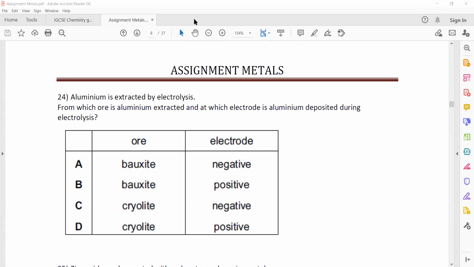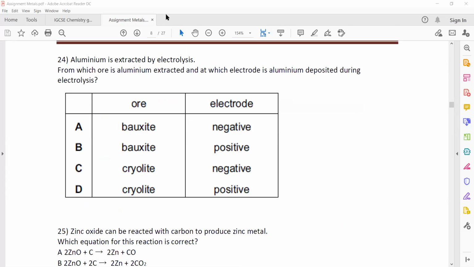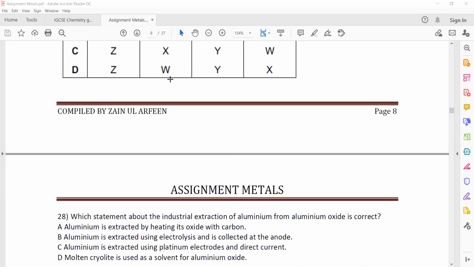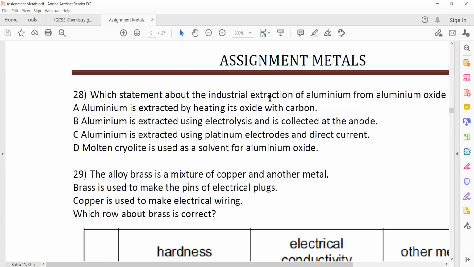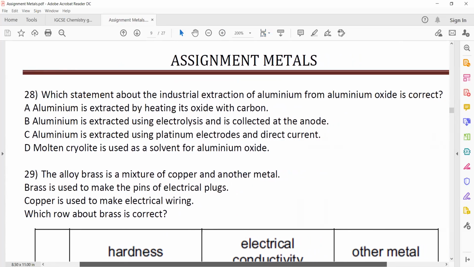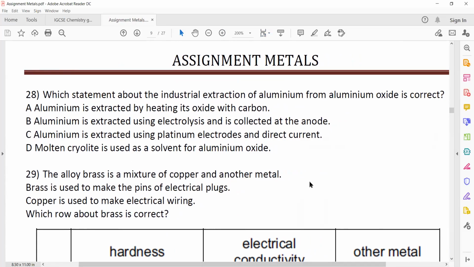So the ore of aluminium is bauxite, and aluminium is attracted towards the negative terminal. Question 28. Which statement about industrial extraction of aluminium from aluminium oxide is correct?